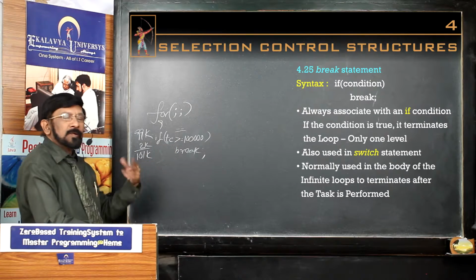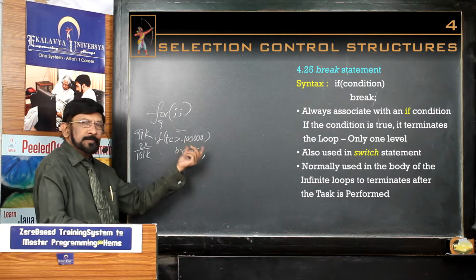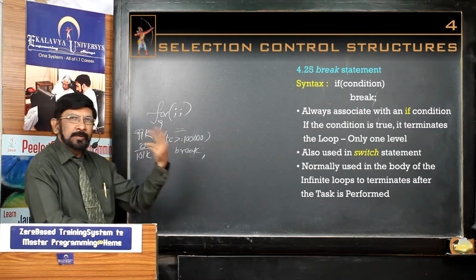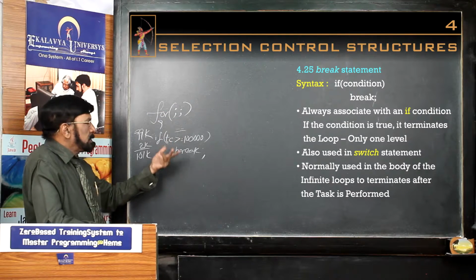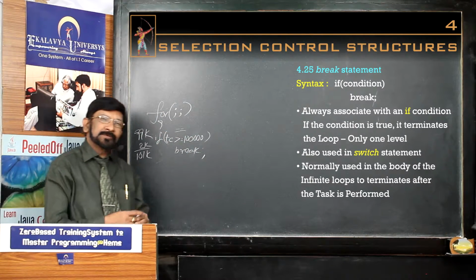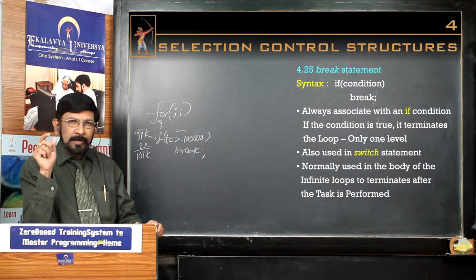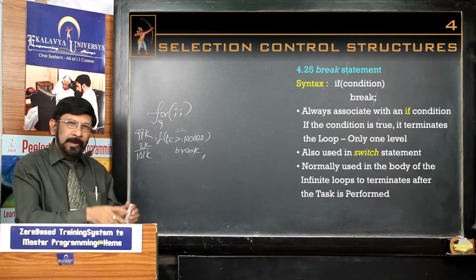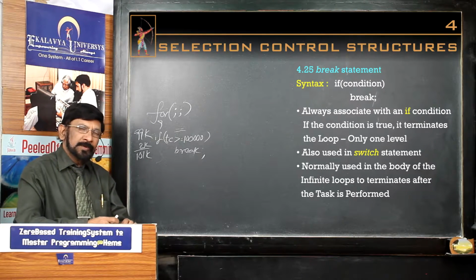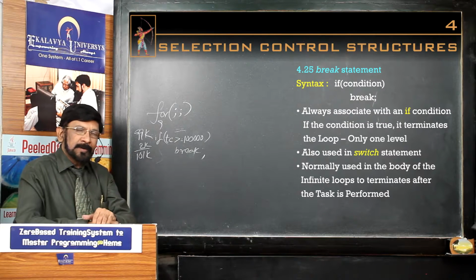So then the loop should be terminated, because whatever amount you were expecting through contributions, you got it. So there is no question of iterating the loop, and you are terminating it. This is the purpose. Whenever you are learning an element in a programming language, first learn where it is used and what its purpose is.